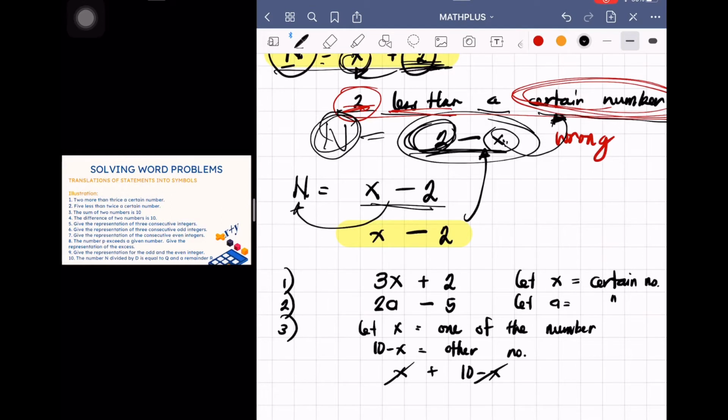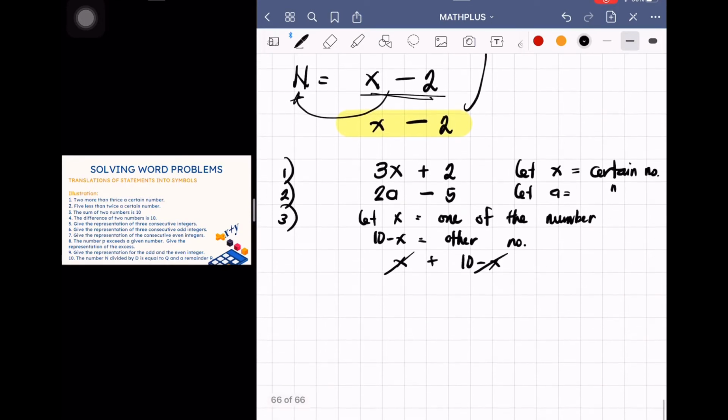It is actually recommended that you represent your unknowns or the condition in the problems using just a single variable, because that will lessen the solution we will be making. Okay, but if you want, pwede naman po nating i-represent ito, 'di ba? You can represent this in two variables, so you can say x being one of the number, and then let's say gamit tayo ng ibang letter, let's say y is the other number.